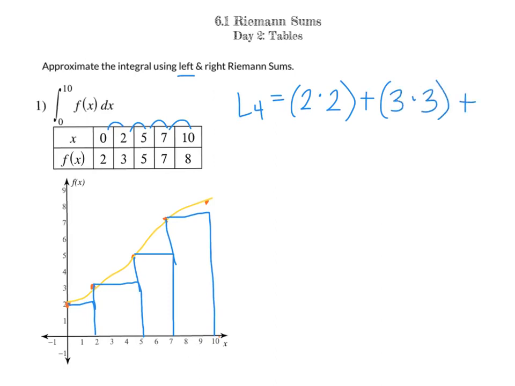Okay, our third rectangle has a base length of 2, which we can find here. The gap between 5 and 7 is 2, and it has a height of 5.